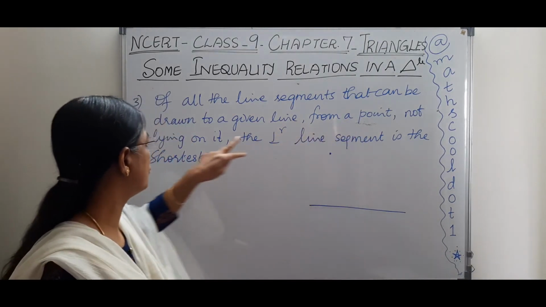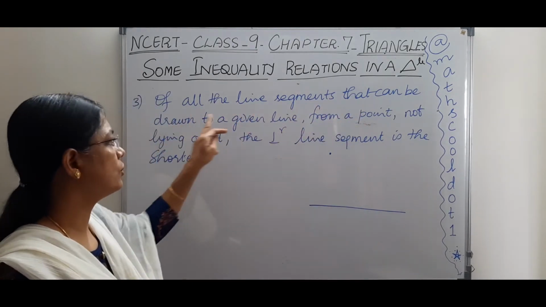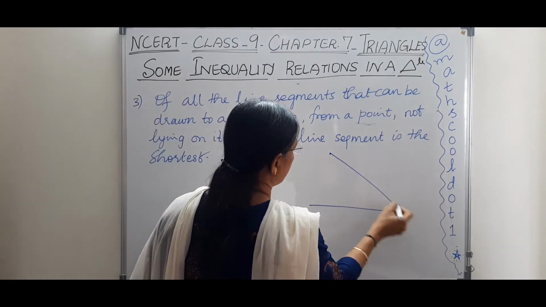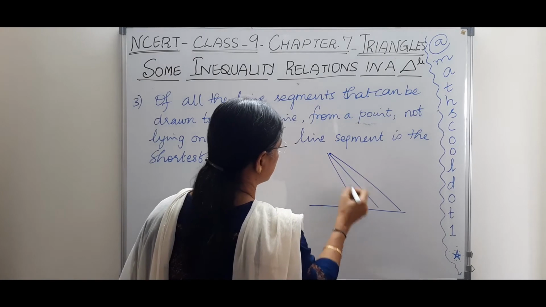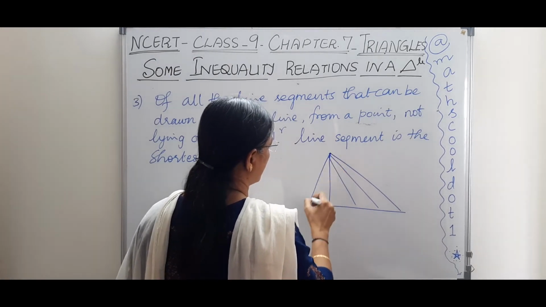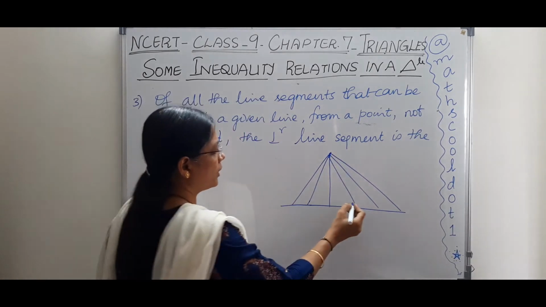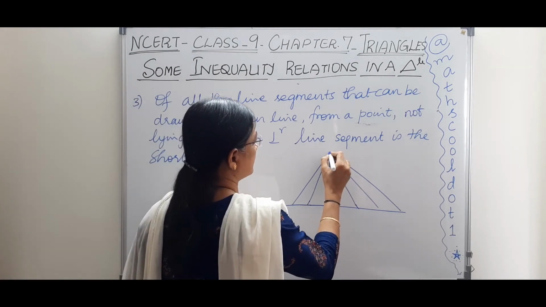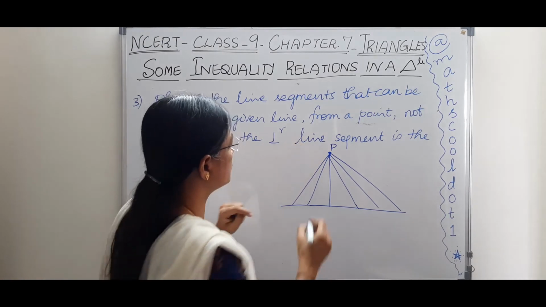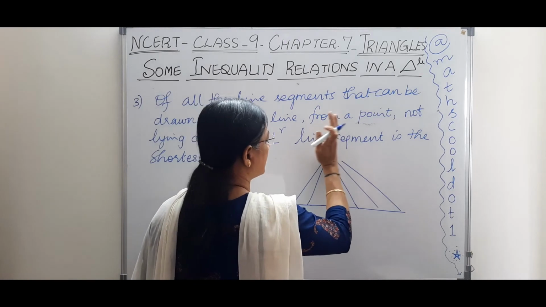From a point not lying on it, of all the line segments that can be drawn to a given line, I am drawing many lines like this from the point to the line. Let me take this point as P. So from a point P which is not on the line, let me draw it clearly.